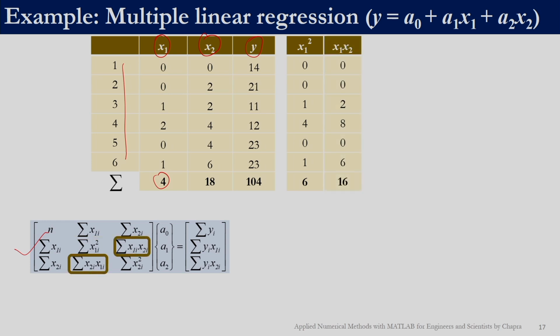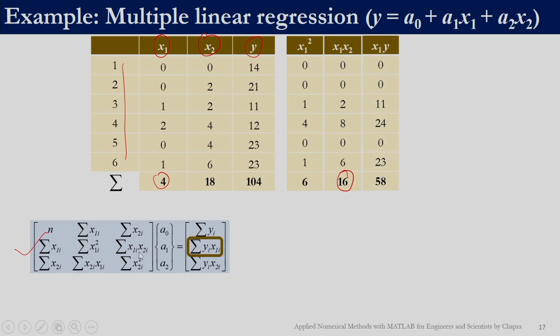So, it is 6. Summation of x1i x2i is x1 into x2: 0 into 0, 0 into 2, 1 into 2, 2 into 4, 0 into 4, 1 into 6, right, and then we need to sum it up. So, the 16 will go in these 2 places, and then we have yi x1i. That is 14 into 0 is 0, 21 into 0 is 0, 11 into 1 is 11, 12 into 2 is 24, and similarly you can calculate.